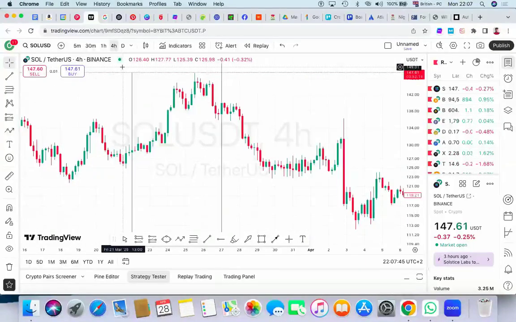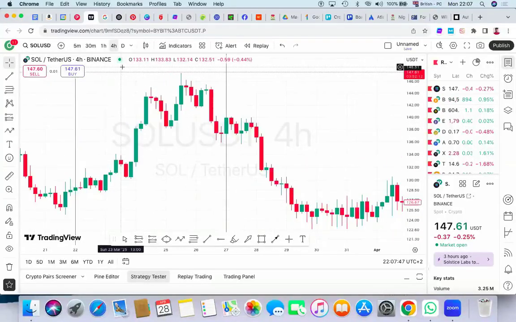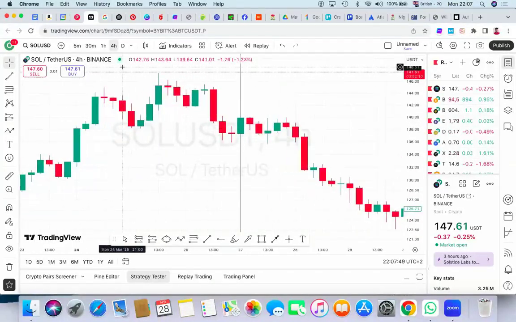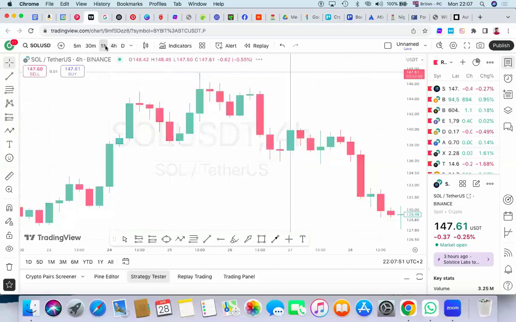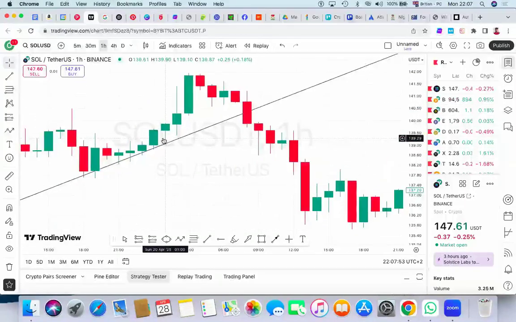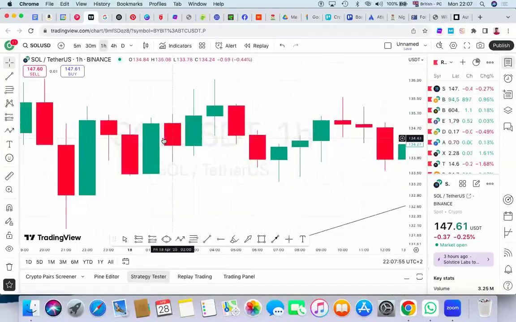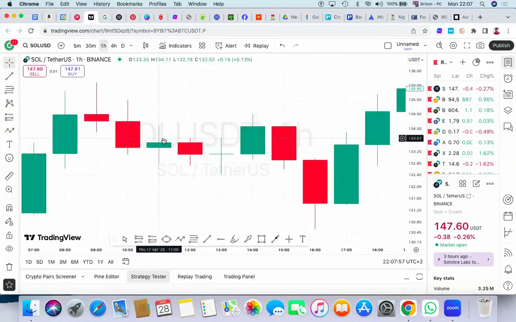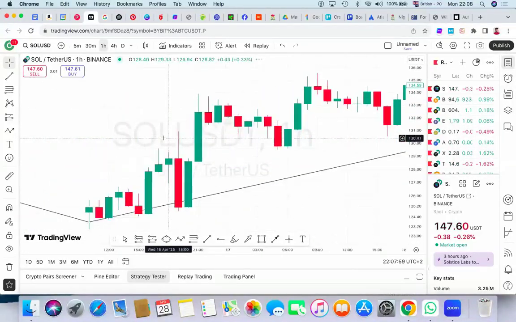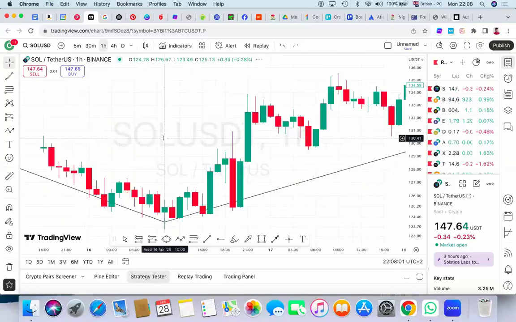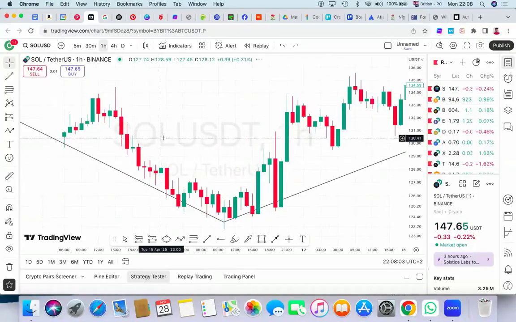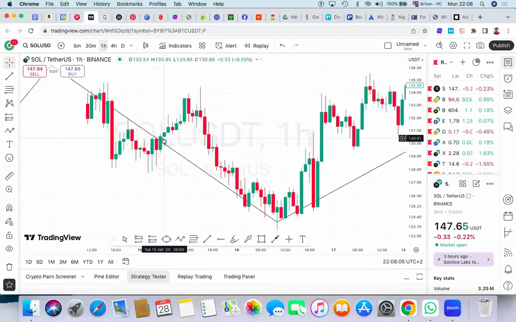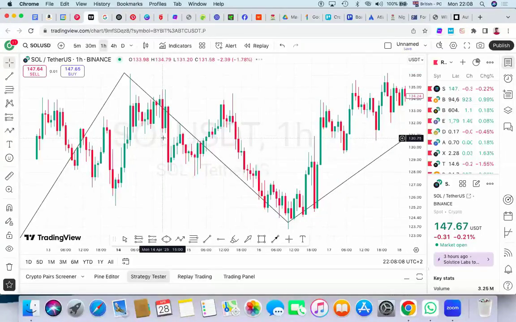So what I was trying to use this line to identify to you was that, okay, I just say I mark out this zone, then I go to a 1 hour time frame so you can see. But then I think I get the explanation to us so you can also understand that, okay.